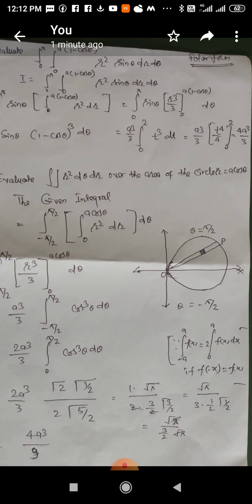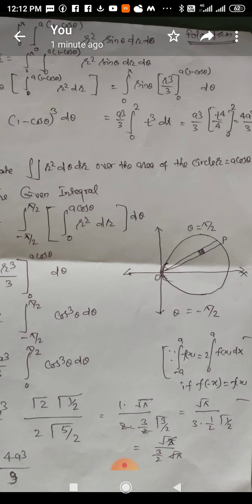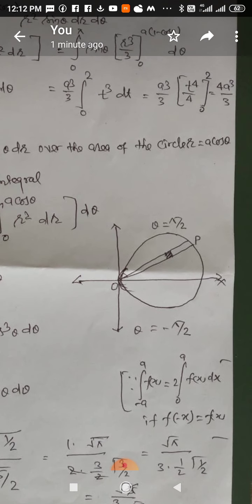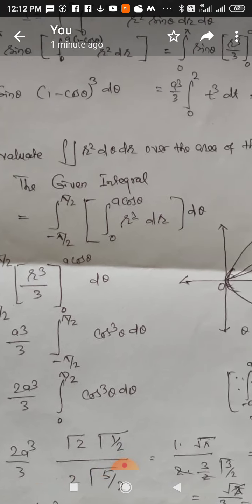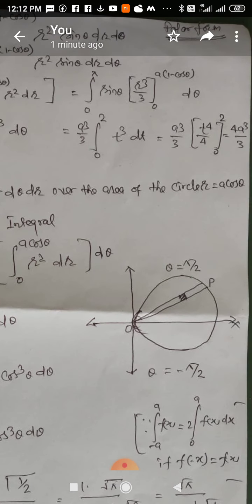Again, evaluate the double integration of r square d theta dr over the area of the circle r is equal to a cos theta. First of all, we have to draw the circle r is equal to a cos theta. This is the equation of a circle in polar form.